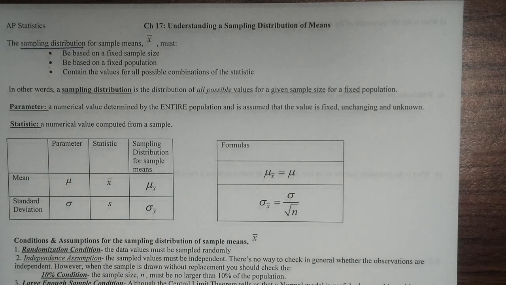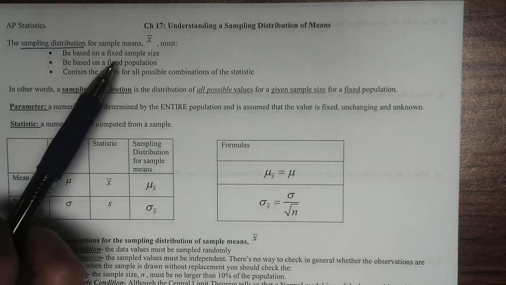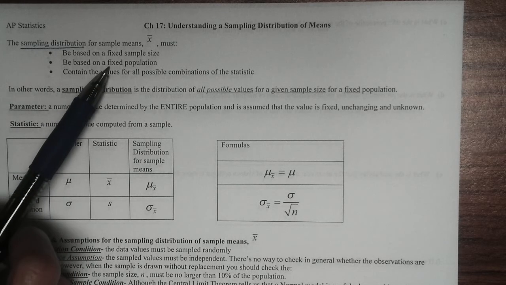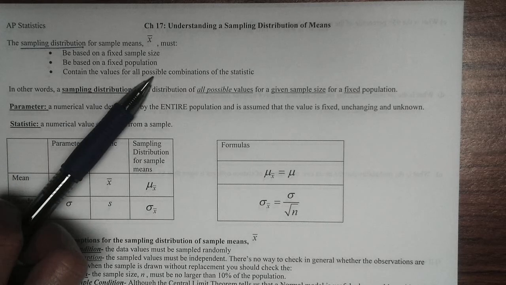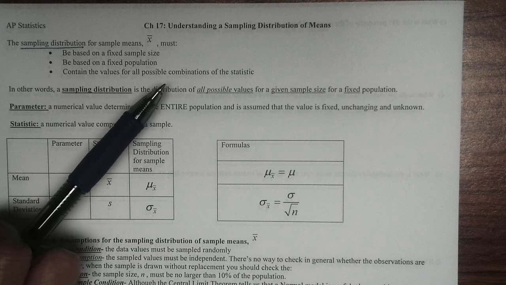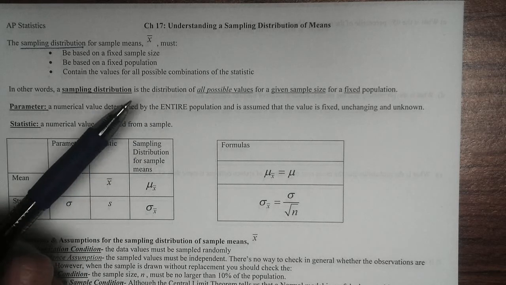You need to know the definition of a sampling distribution. Basically, it's something that is based on a fixed sample size from a fixed population that contains all possible values of that combination. Or in other words, here's a definition again. You have to just memorize it.